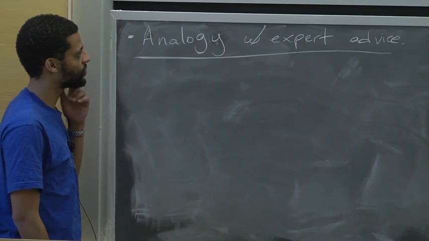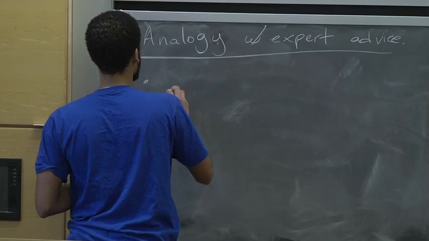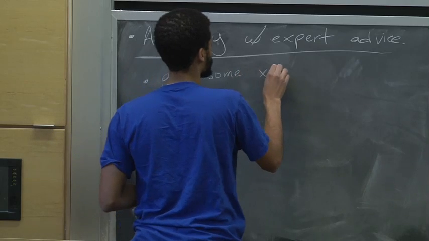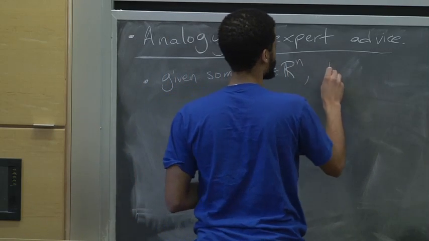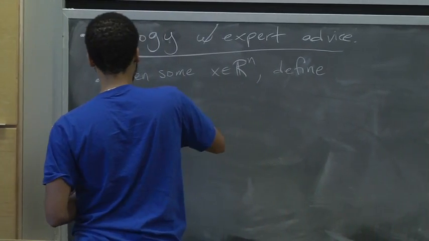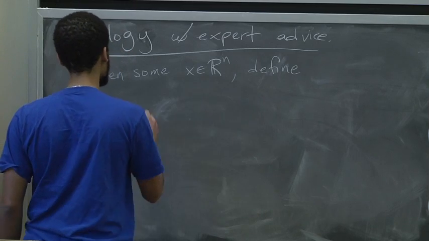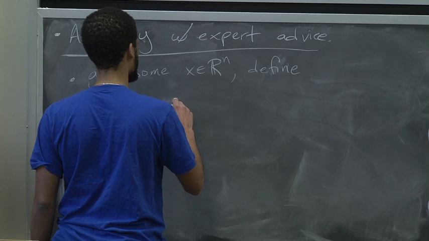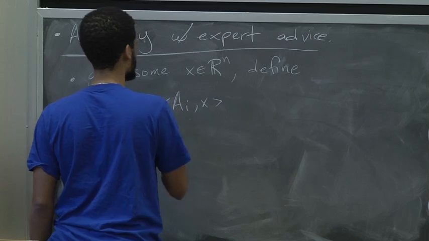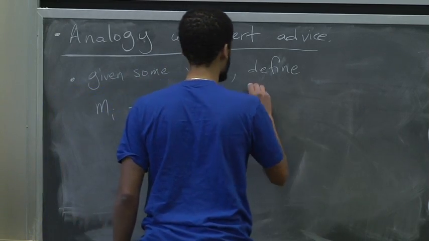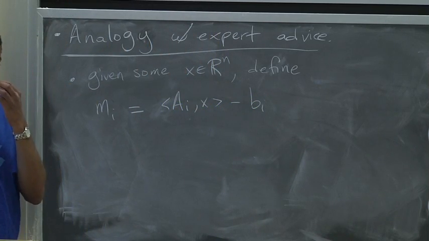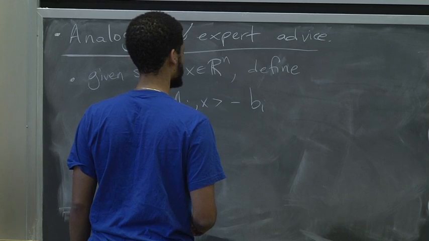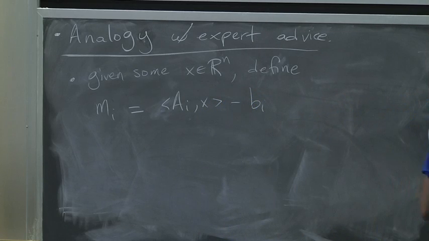So I'm going to set, so given some x, we'll define mi to be the cost vector to be ai dot x minus bi. Wait a second, what do I want to say?